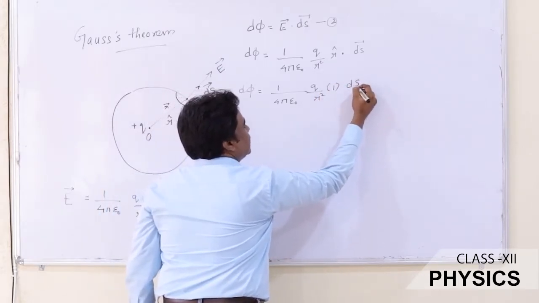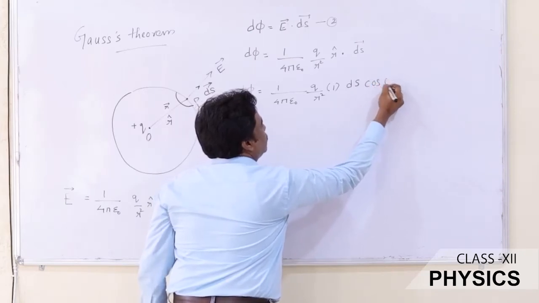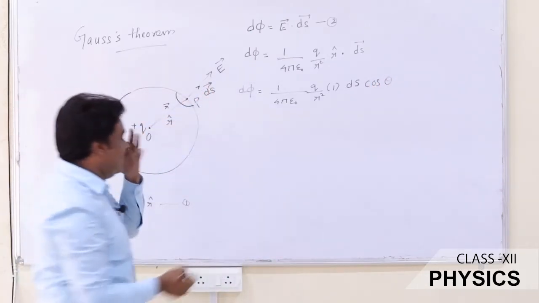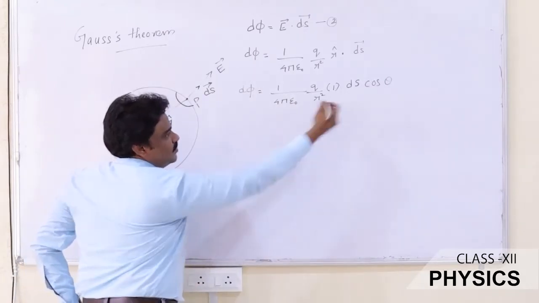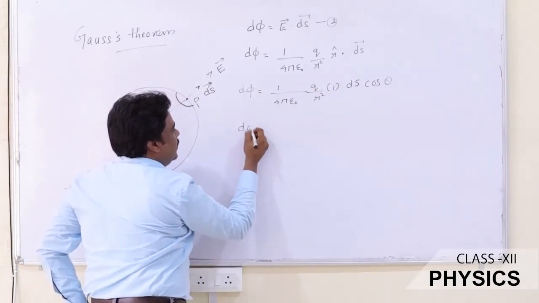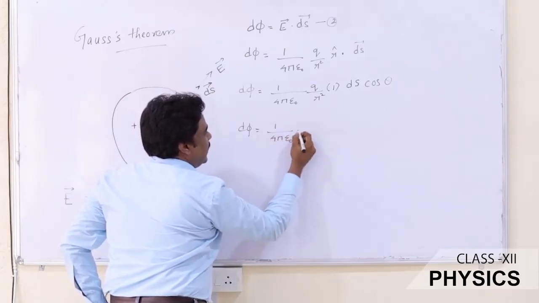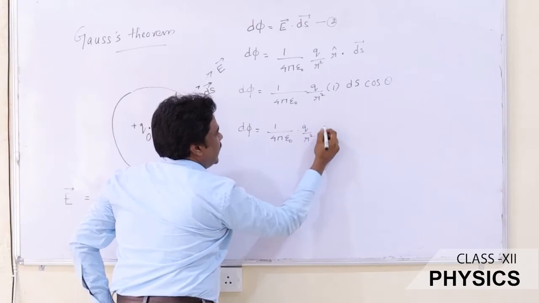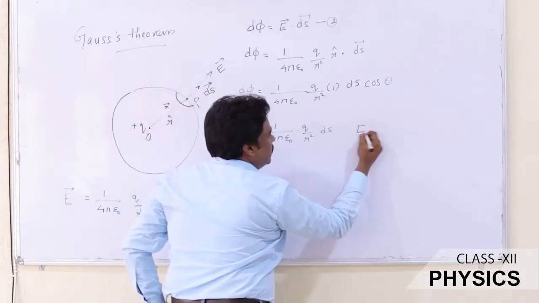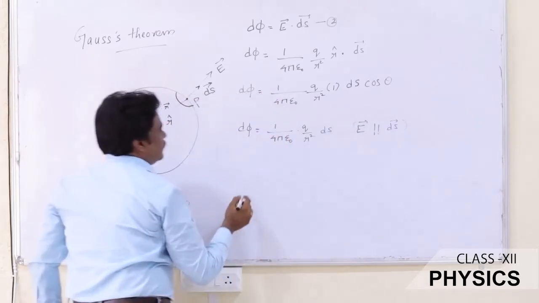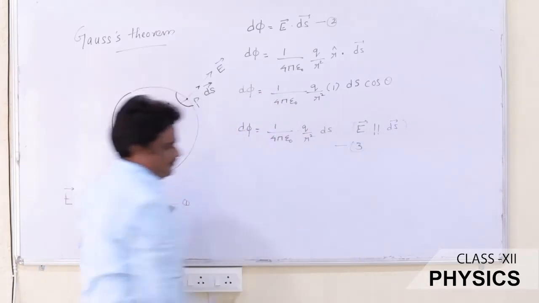So obviously it will be ds cos theta, where theta is the angle between E and ds. Since they are parallel, theta is 0, so I can eliminate that. So d phi is equal to 1 by 4 pi epsilon naught Q by R square ds. Why? Since E vector is parallel to ds vector. Mark it as equation number 3.